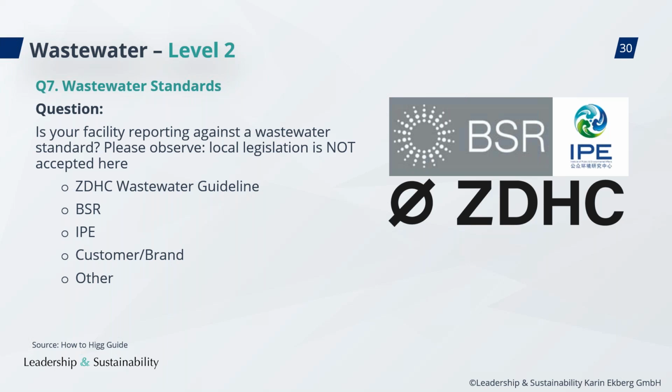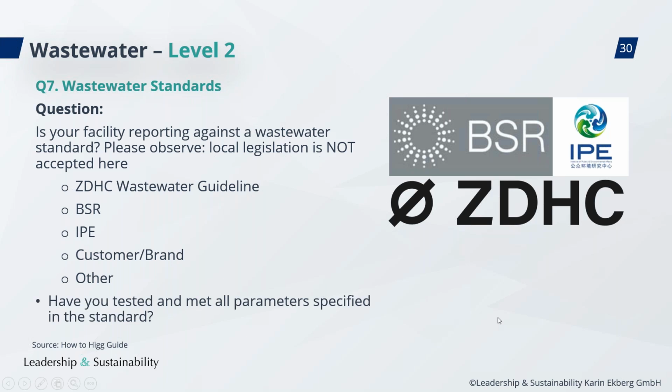And the reason is, of course, here at level 2, as you know, this is above and beyond. So this is beyond the legal regulations. All the legal and the standard questions are given at level 1. And then if you respond yes, you will then mark up which standard you are reporting against.